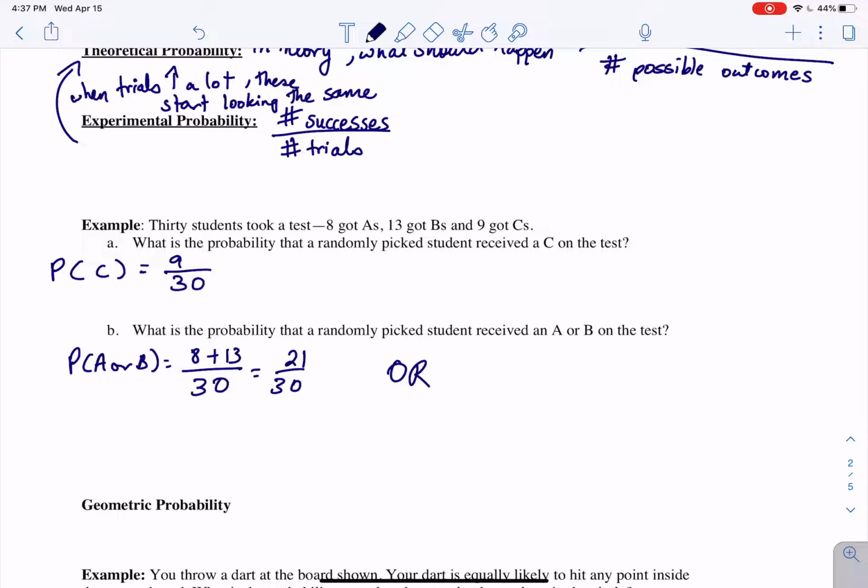Or I can do it with the complement. If they're getting an A or a B, that means they didn't get a C, which would be 1 minus the probability of getting a C, which is 1 minus 9 over 30, which is also 21 over 30. So both ways work, and you can always pick which one you want. Sometimes it's easier to pick one or the other.